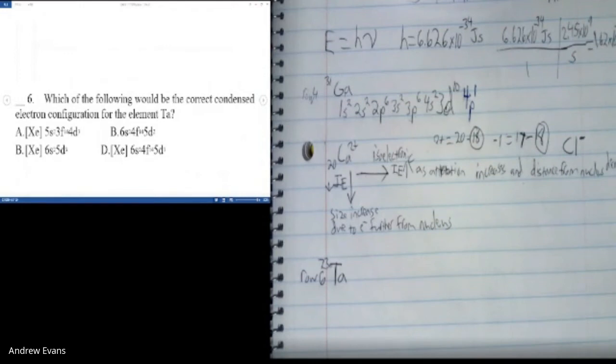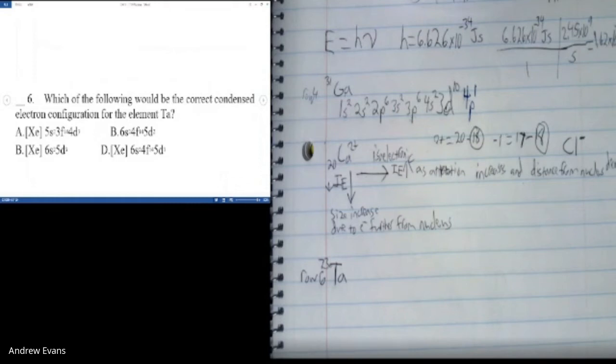So to do a condensed electron configuration, there's a typo in here, but that's fine. We need the previous row to be described as a noble gas. So the first thing we do is we need xenon. Xenon is the last element at the end of row 5.